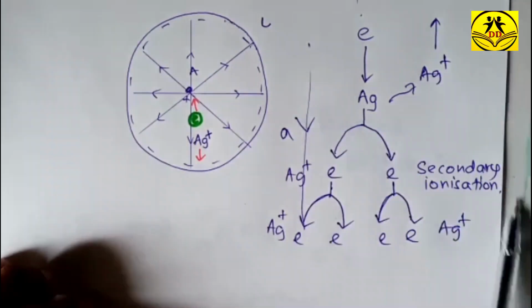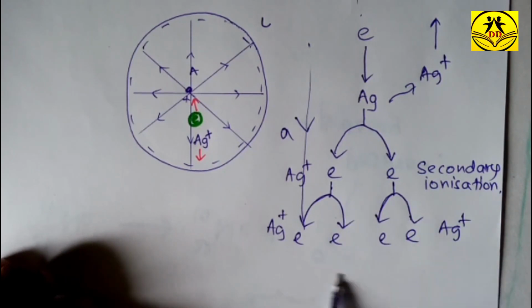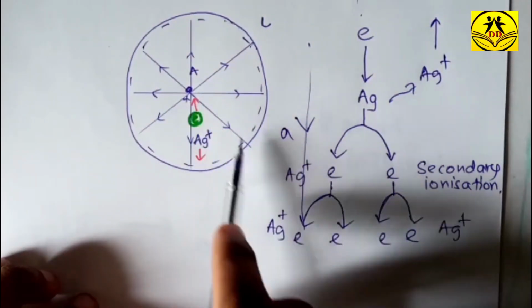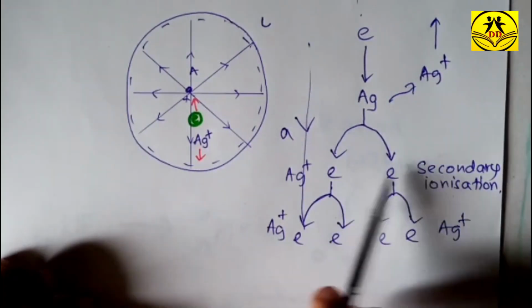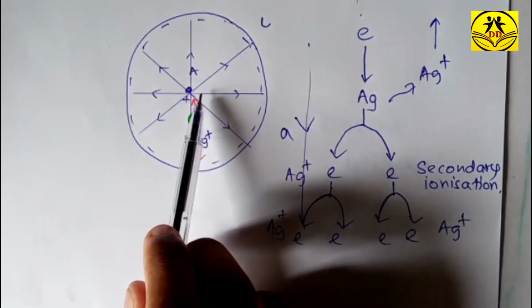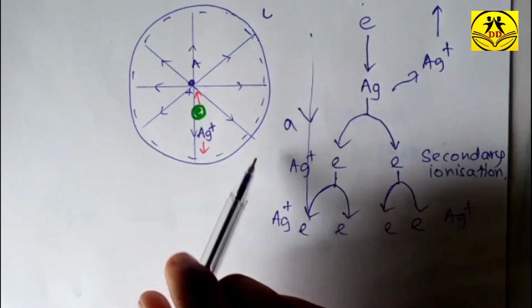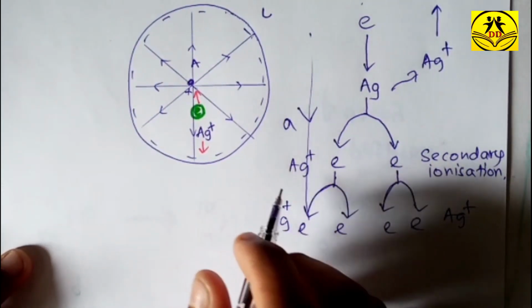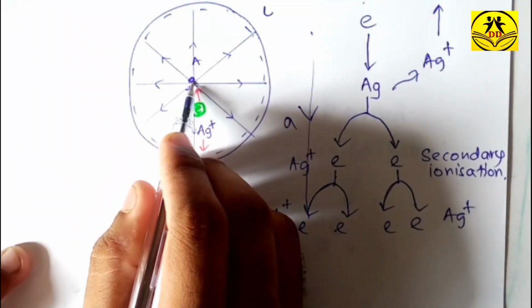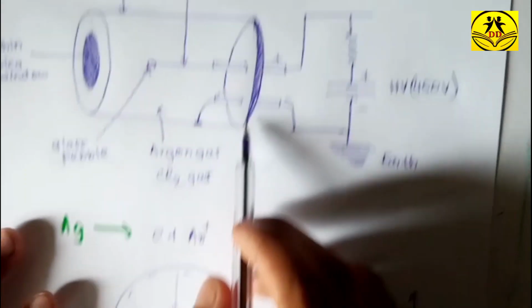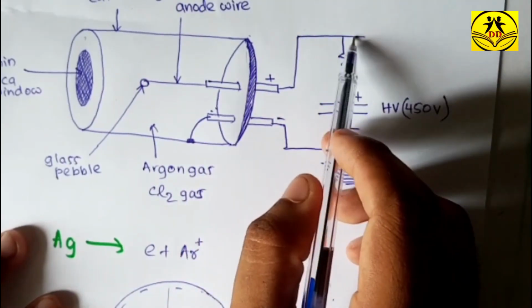So now a large number of electrons are moving towards the anode with a very high speed. Once this batch of electrons reaches the anode, we say that a current pulse is sent to the anode, and it will move through the external circuit and will be detected.